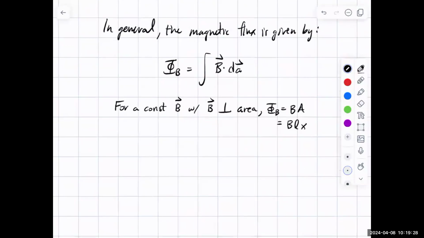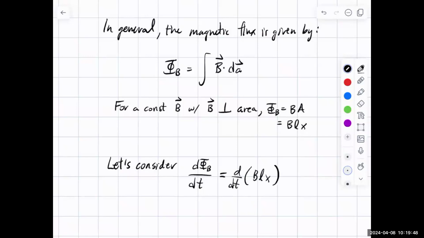Yeah, that's exactly right. So let's consider the derivative with respect to time of the magnetic flux. So it's going to be d by dt of BL times X. But in this case, we've already said that the magnetic field's constant, L, the distance between the top and bottom tracks, is going to be a constant.